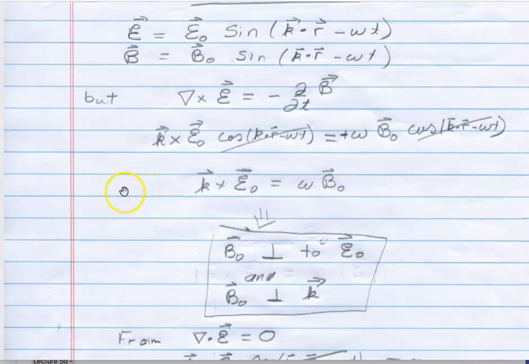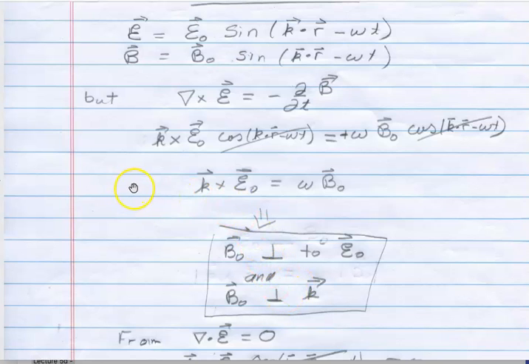You can kind of tell that if I take the dot product, if I take k dot this, the resulting vector is perpendicular to both k and E, and I dot it with k, then this side vanishes, and so k dot B vanishes, and that means that k and B are perpendicular.